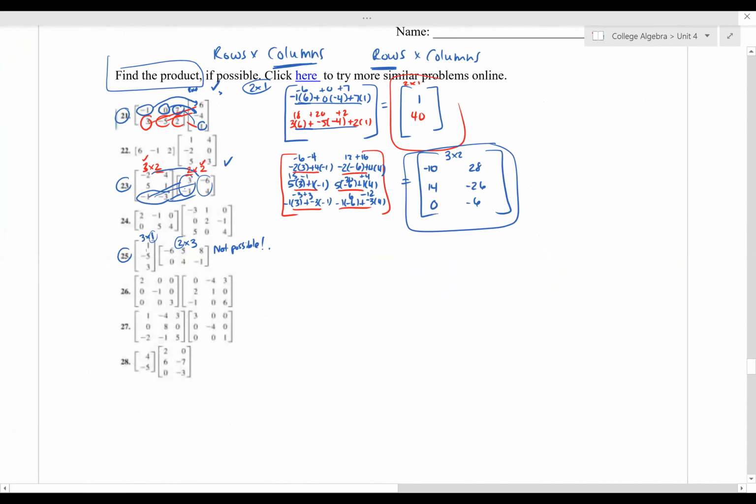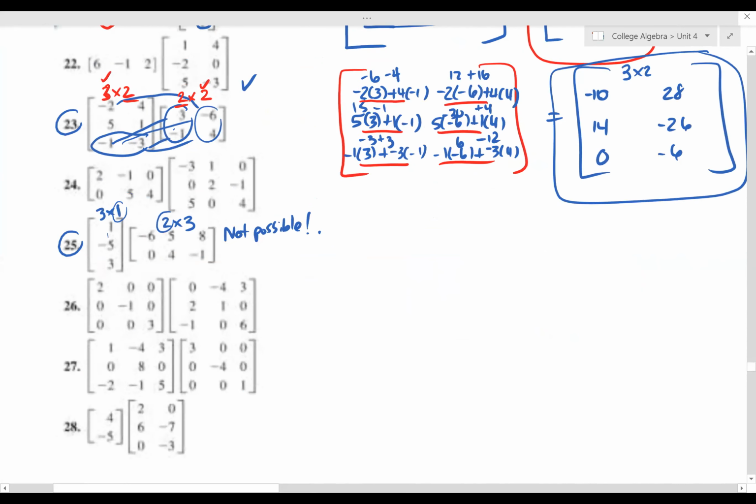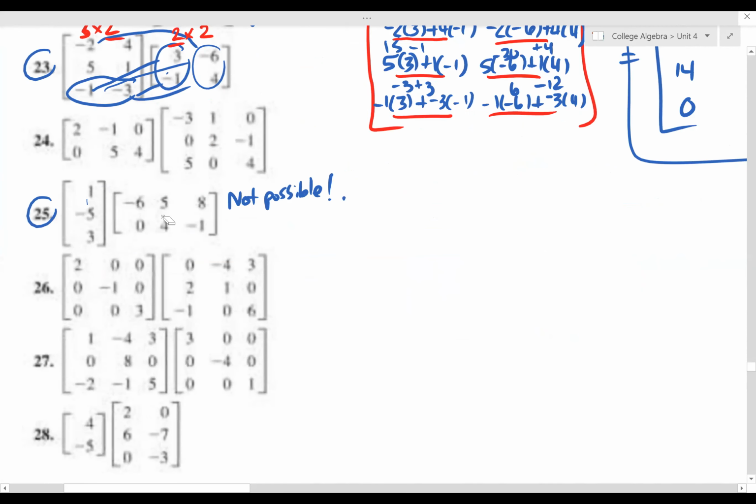Let me show you what happens if you try to do this with one of these that's not possible. So we said that number 25 is not possible because we have a 3 by 1 matrix and a 2 by 3, so that's not possible. So let's see if you even tried to set this up.